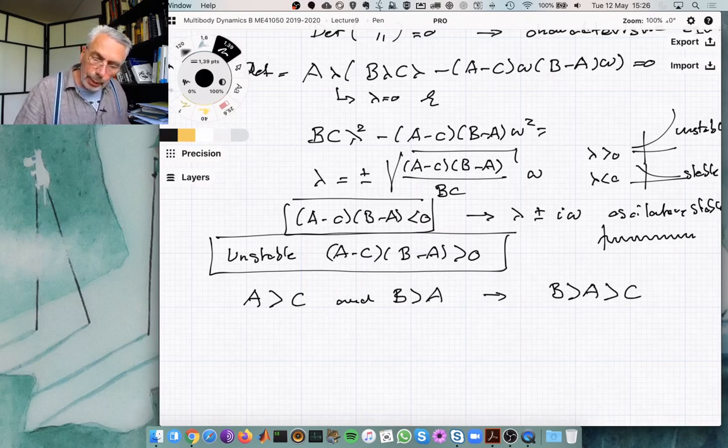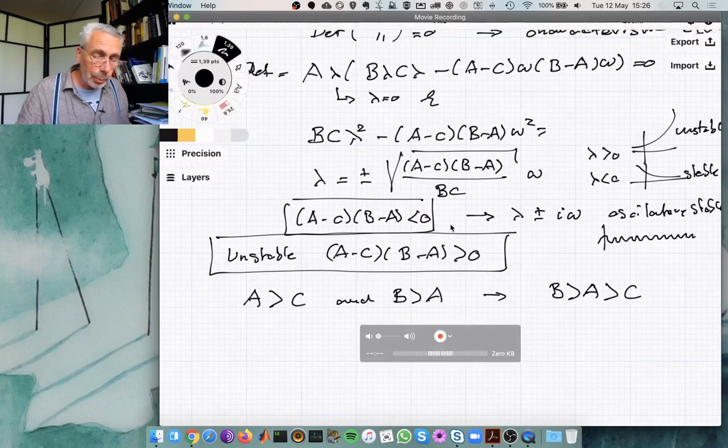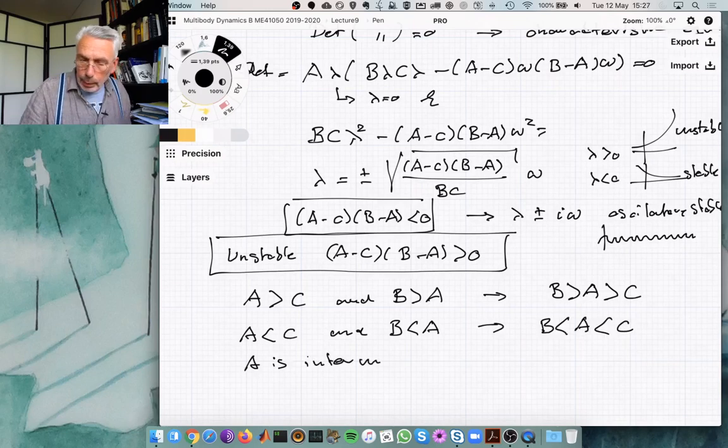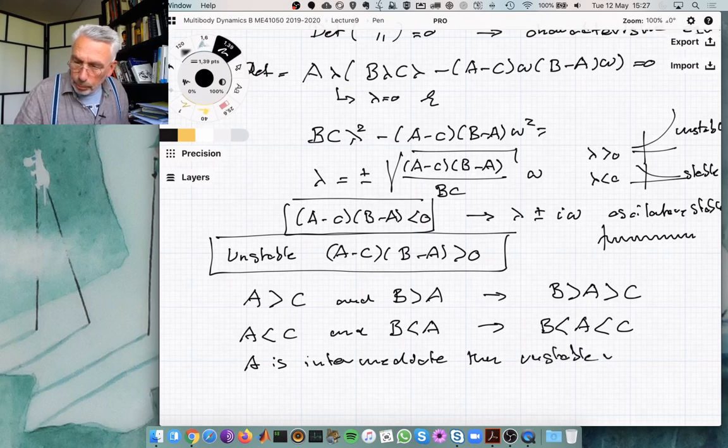And the other case is that, of course, the two terms are negative. Then you get a less than c, and also b must be less than a, and then you get, of course, the intermediate. Then you have unstable motion.